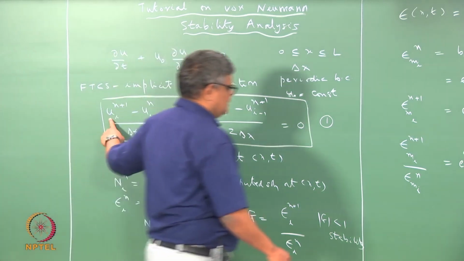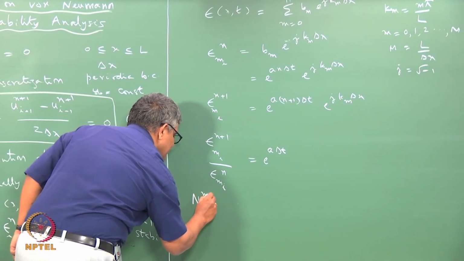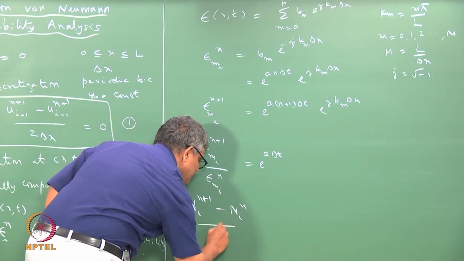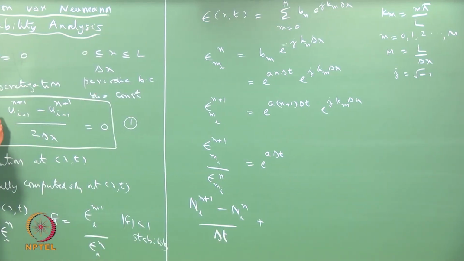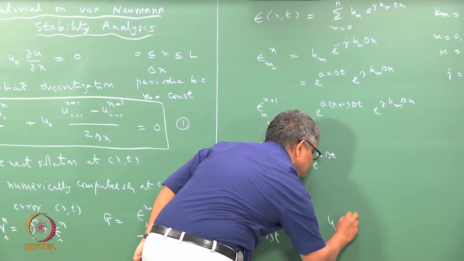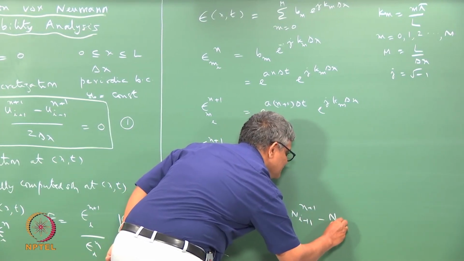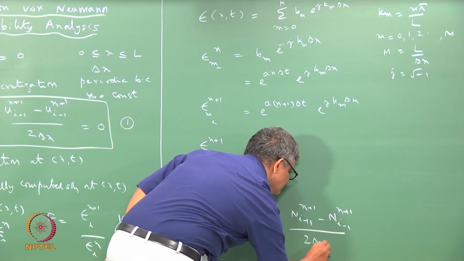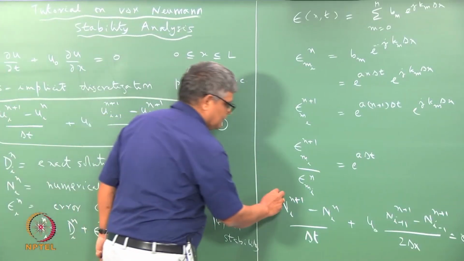So we can say that equation 1 is satisfied so as to give rise to Ni n plus 1 minus Ni n divided by delta t plus u naught times Ni plus 1 n plus 1 minus Ni minus 1 n plus 1 divided by 2 delta x equal to 0.